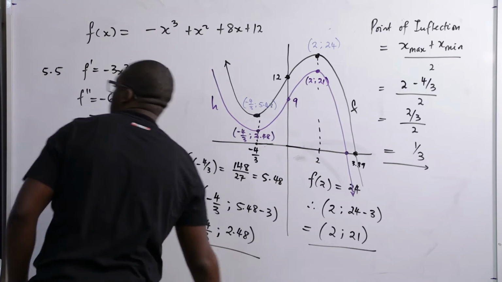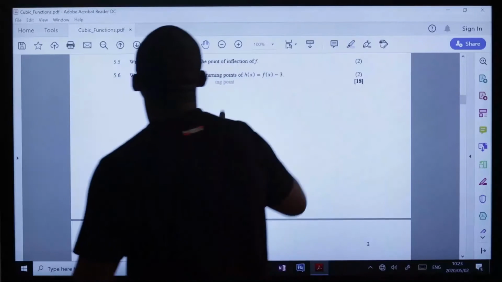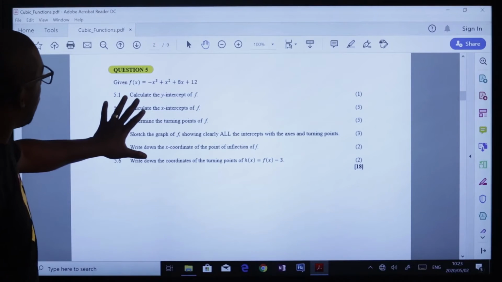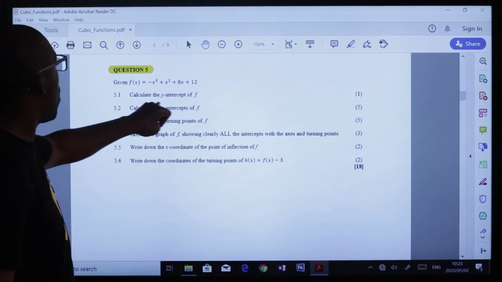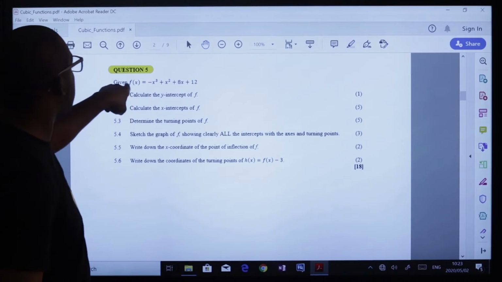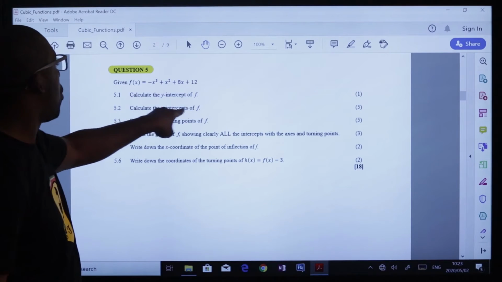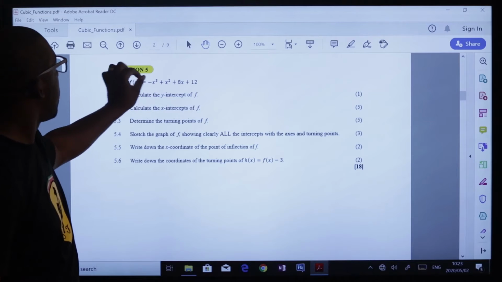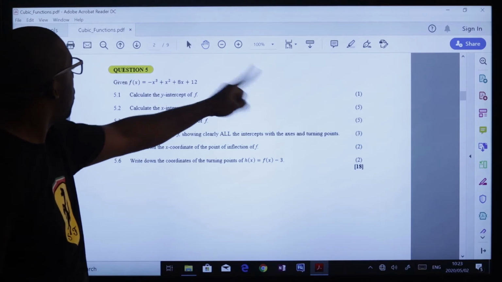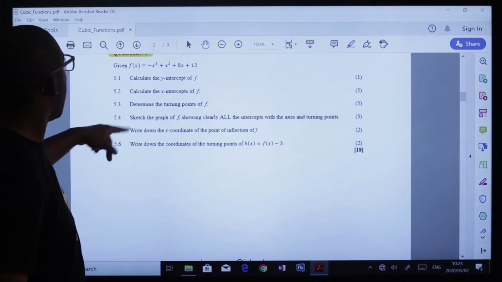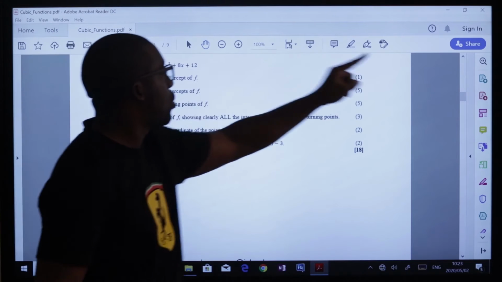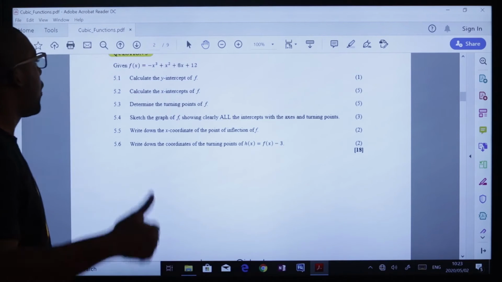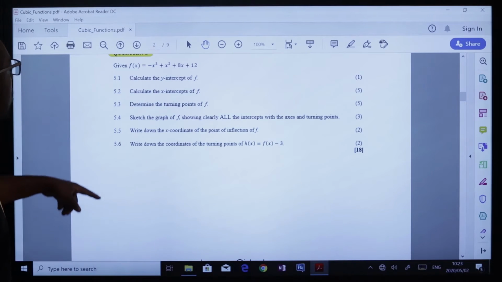That was the first question there. So what did the question focus on? Do you know how to get the y-intercept? Make x equal to 0 in the function. Do you know how to get the x-intercepts? Make f of x equal to 0, then you find the values of x. Determine the turning point: you have to differentiate. First derivative, then you equate to 0.